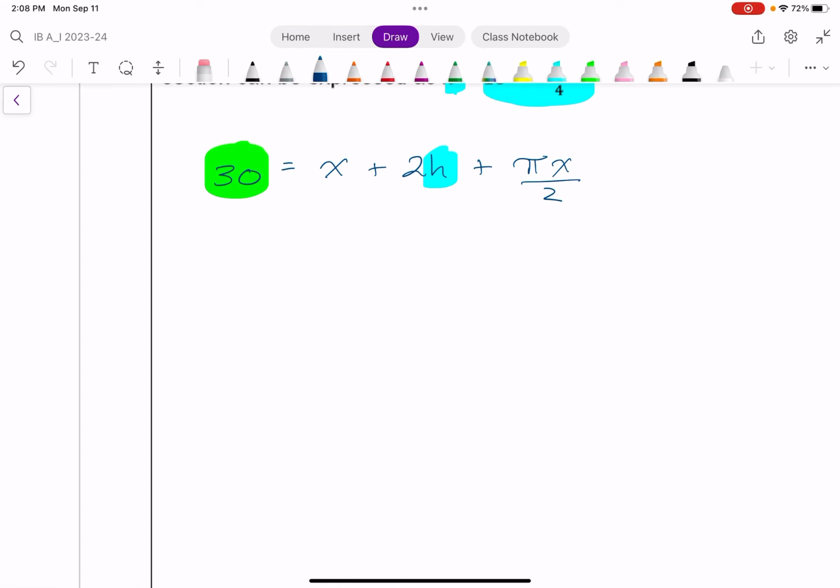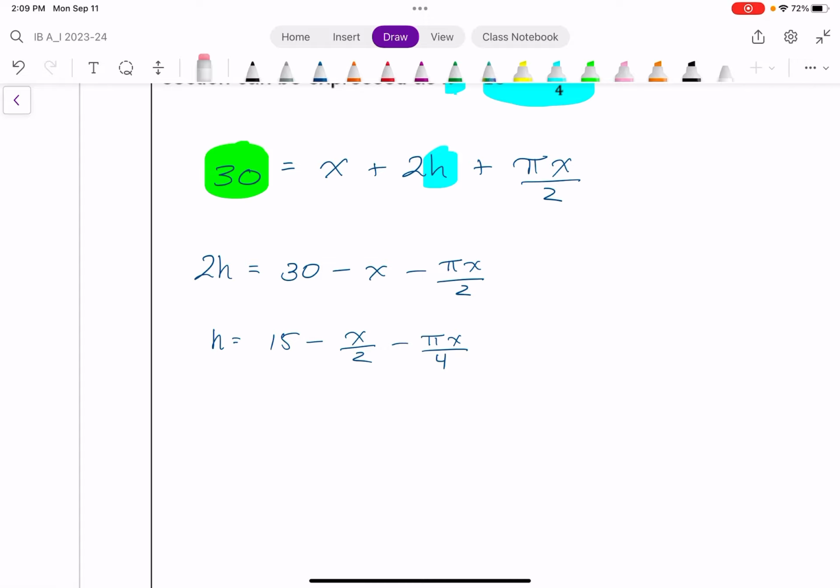So I'd bring the x and the pi x over 2 over. I'll put the 2h over here, and I have 30 minus x minus pi x over 2. Divide everything by 2. I get h equals 15 minus x over 2 minus pi x over 4, right? Because if you divide a half by 2, you get a quarter.